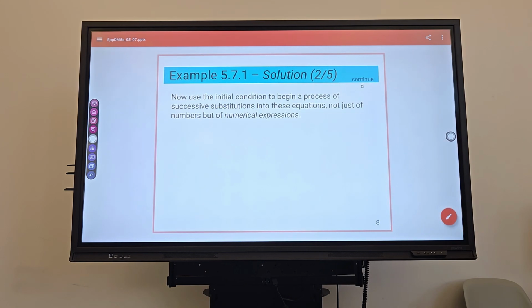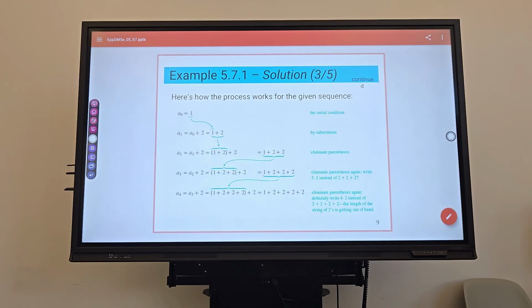Now use the initial condition to begin the process of successive substitutions into these equations, not just of numbers, but of numerical expressions. So you can substitute, and then substitute again, eliminate parentheses, and just keep adding 2 to it.